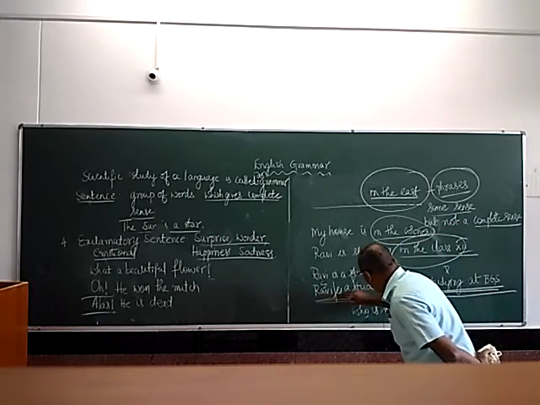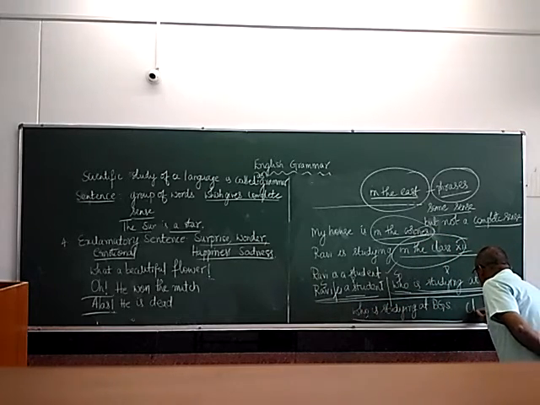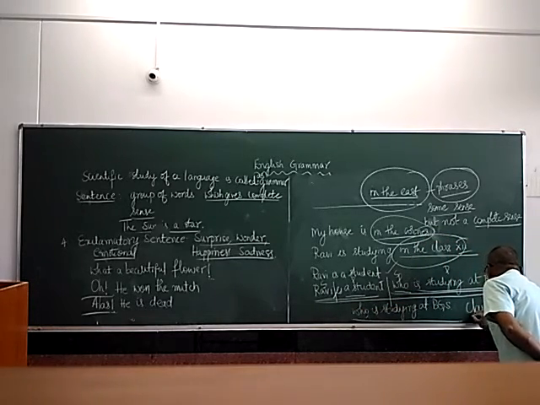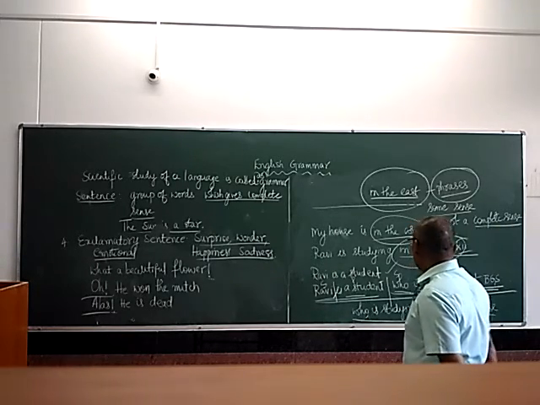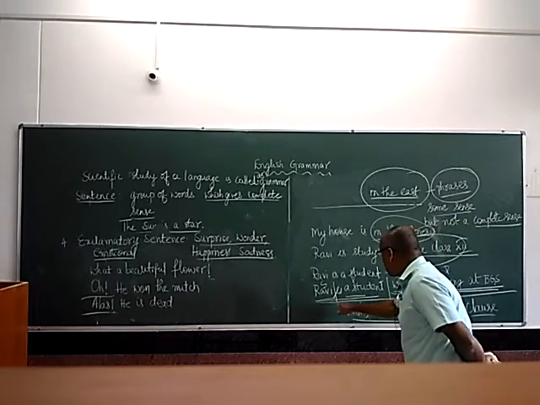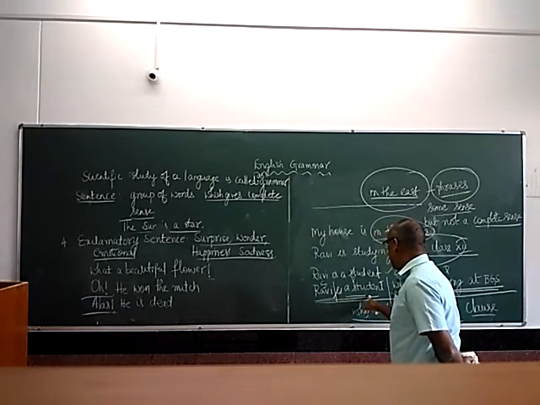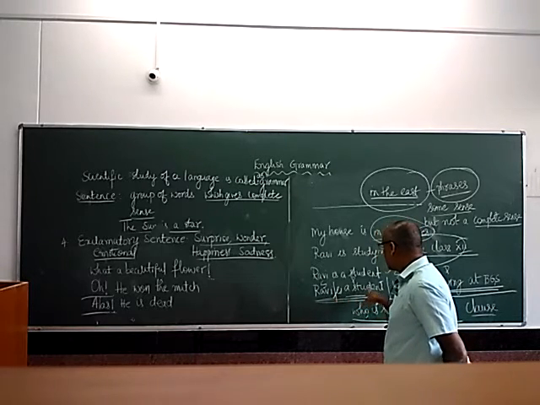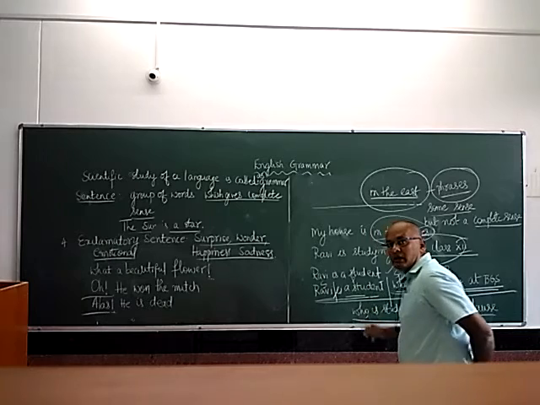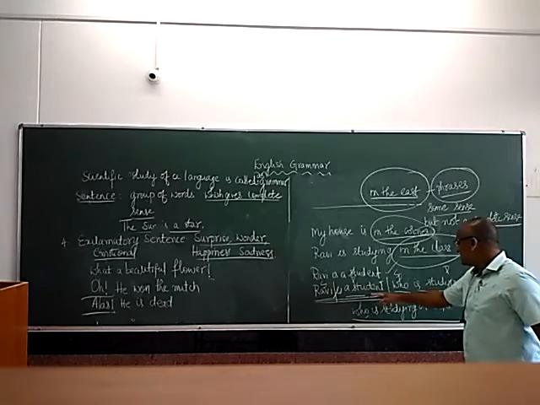That's why we are going to call this a clause. What do you mean by a clause? A clause is a group of words which will have a subject and predicate of their own, and they will become a part of a bigger sentence.